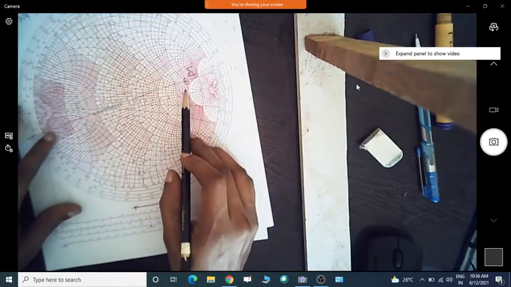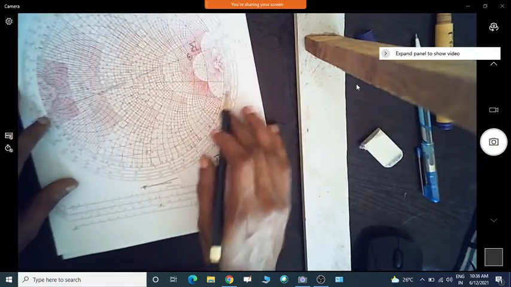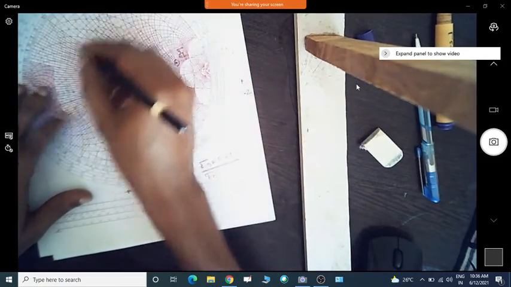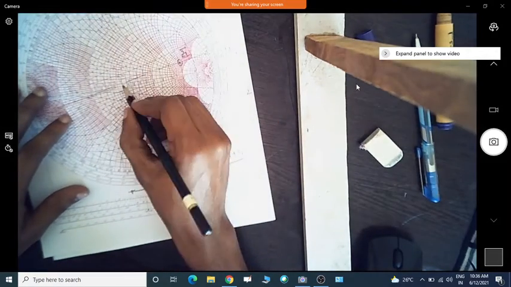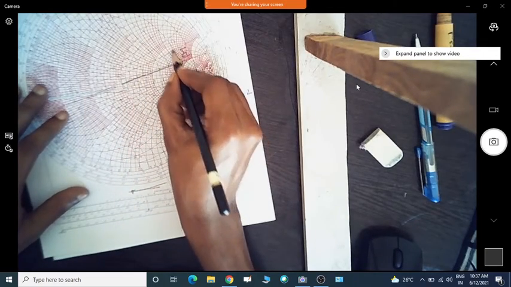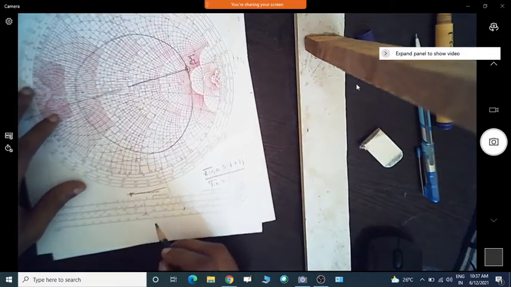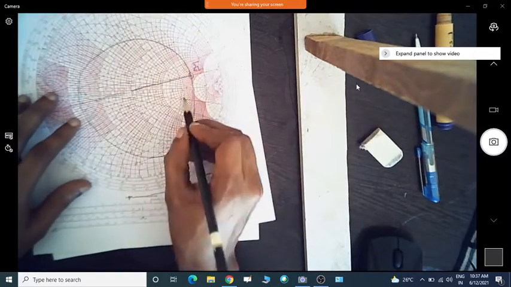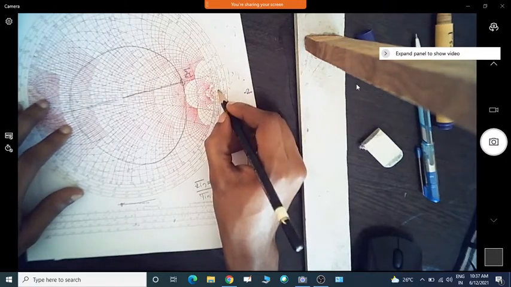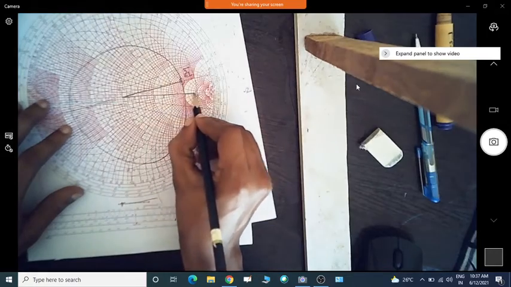Now can you see? This is ZL bar. Now move from the load point towards the generator on the constant VSWR circle. Take the radius from this point and plot the VSWR circle. Now move from this point to where we have phi equal to 0, on the angle scale, the real axis of the Smith chart.